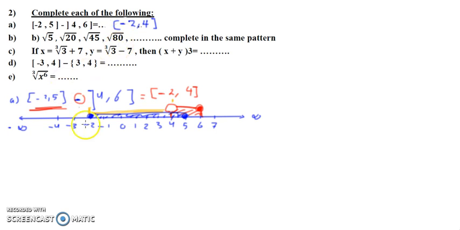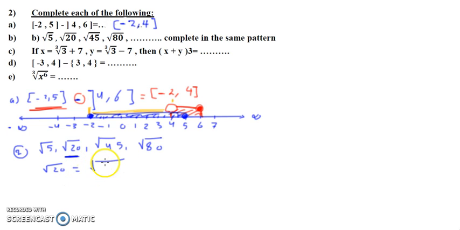Number 2. Complete the same pattern: square root of 5, square root of 20, square root of 45, square root of 80. In order to find this, we will find square root of 20 first, which equals square root of 4 times 5.